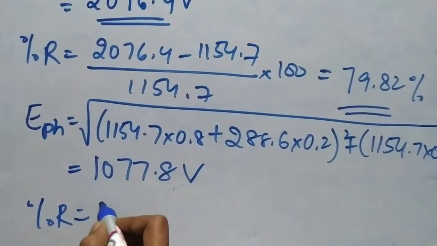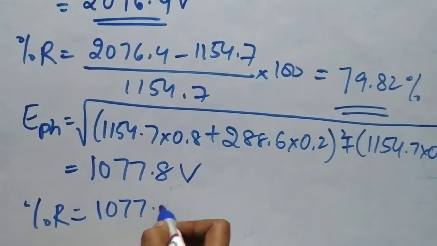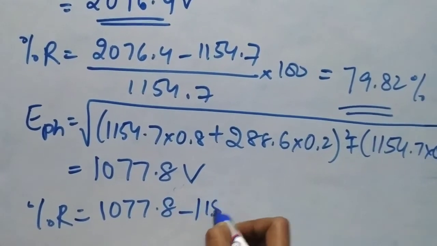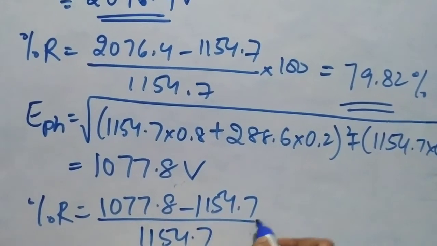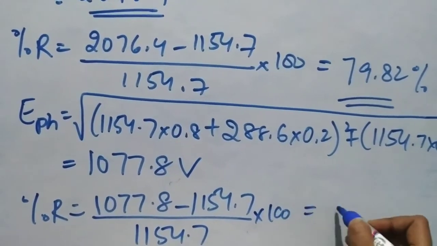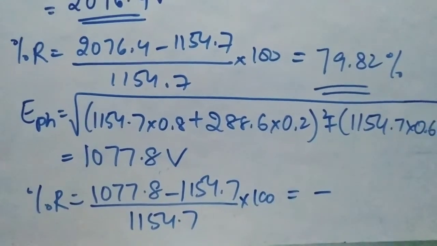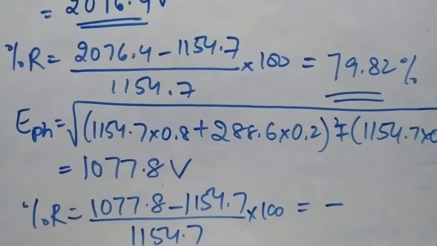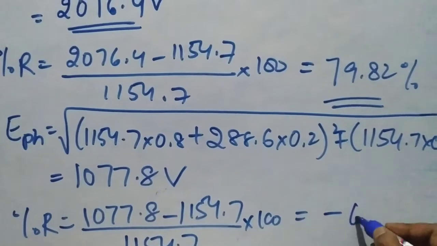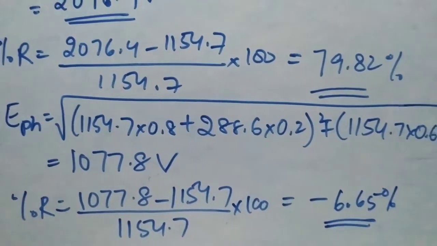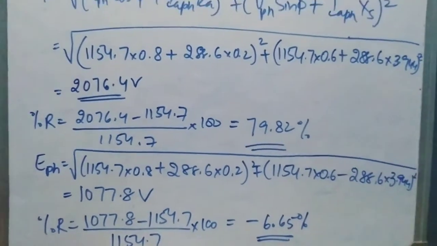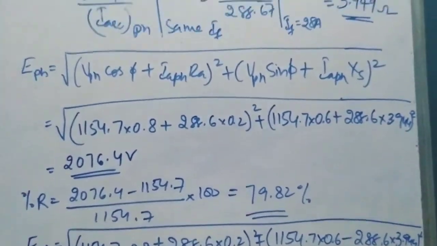So it will be equal to 1077.8 minus 1154.7 divided by 1154.7 times 100. So we get the regulation as a negative value, minus 6.65%. So this is how we have to solve the problem based on the graphical method.